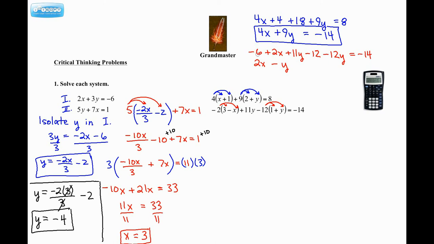Well, why don't I just add 6 to both sides and add 12 to both sides? So in other words, I'm just adding 18 to both sides. So negative 14 plus 18 on the right gives me 4. Okay. So suddenly, both equations, which in the beginning looked nuts, now are quite simple.